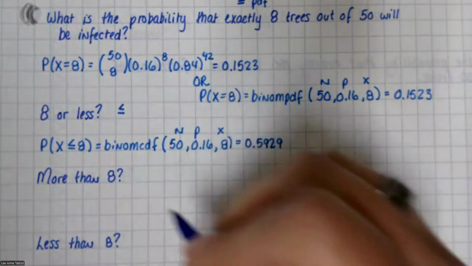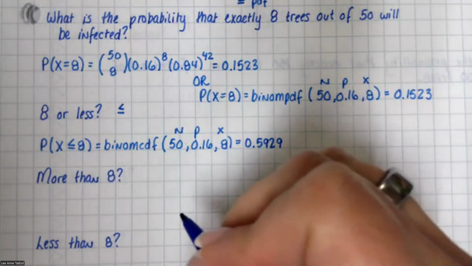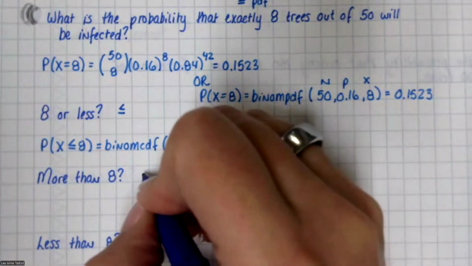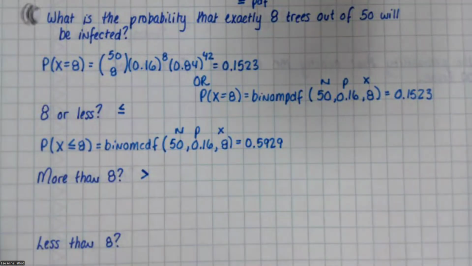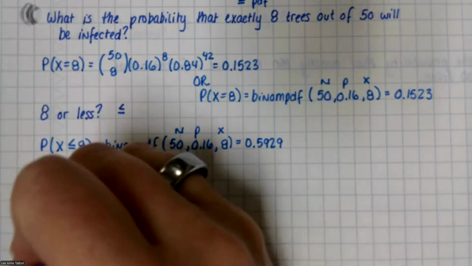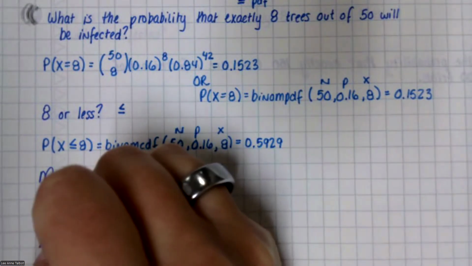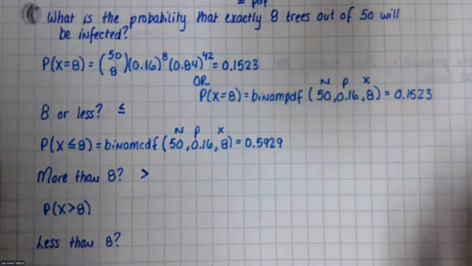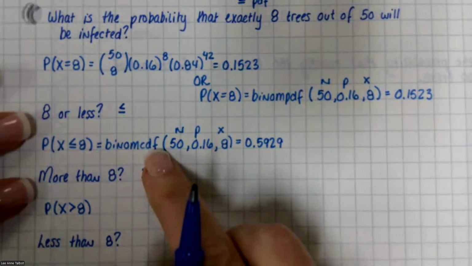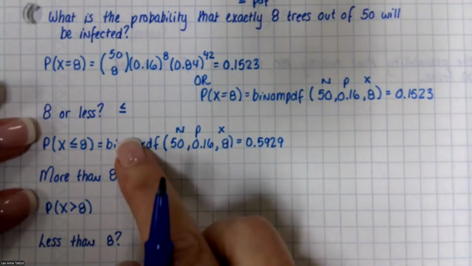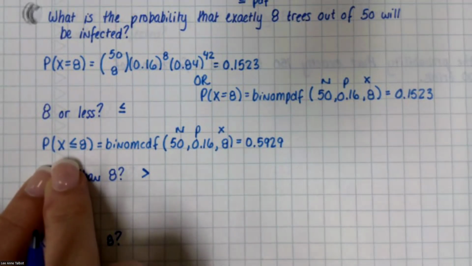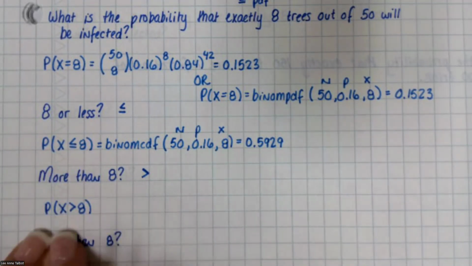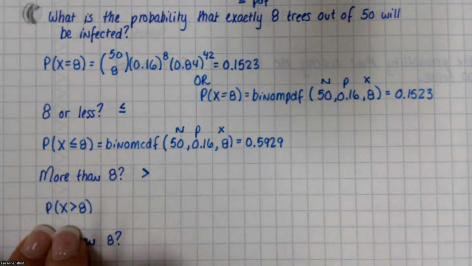More than 8. What's the crocodile for that? Just plain greater than. Okay. And what I'm hoping to convince you of is that greater than is the complement of less than or equal to. Greater than is everything else.